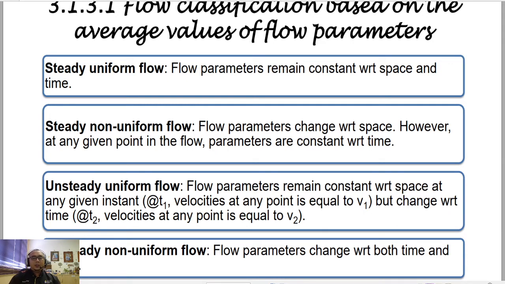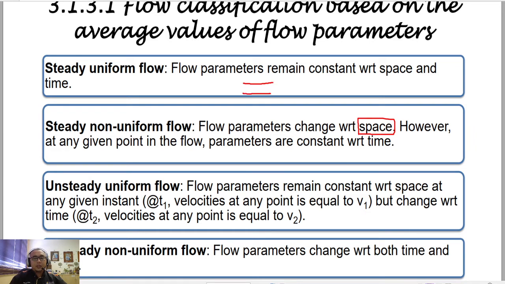Okay. So, bila berlaku dalam kita punya flow, berlaku perubahan terhadap ruang, dia akan jadi steady non-uniform flow. Maksudnya macam ni. Contohnya kita ada satu pipeline.